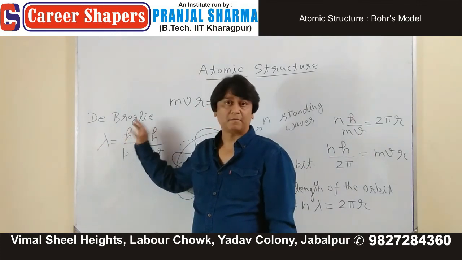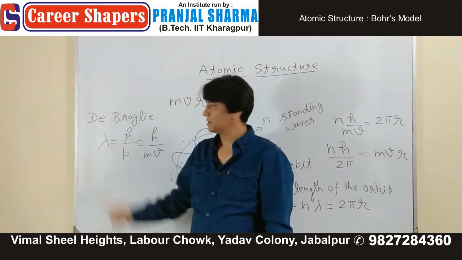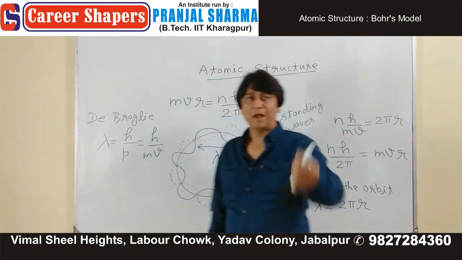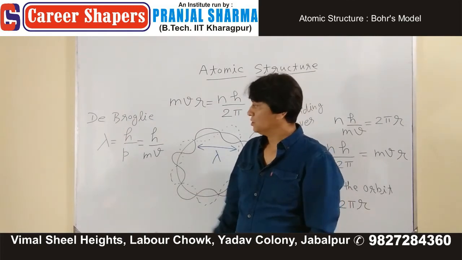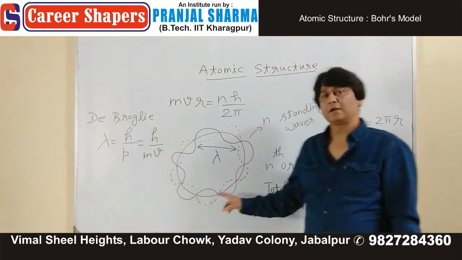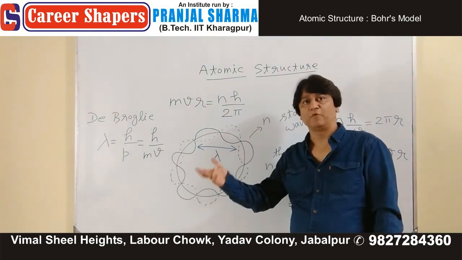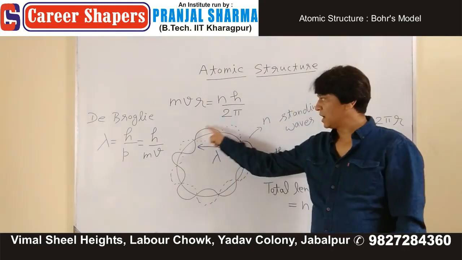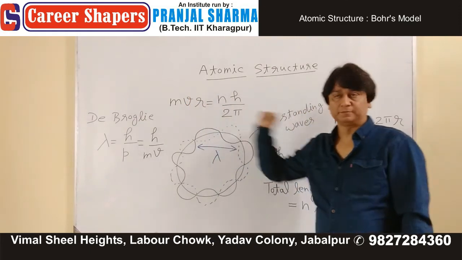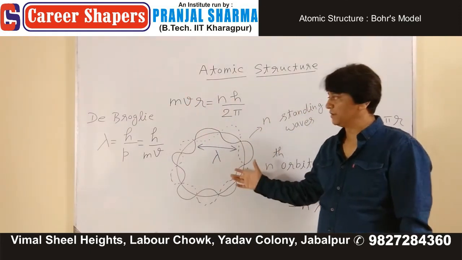De Broglie says that everything has a wave character. If things are very small, that wave character can be observed. So all these electrons, when they are present in their nth orbit, in terms of waves, we are saying that they are forming n standing stationary waves.